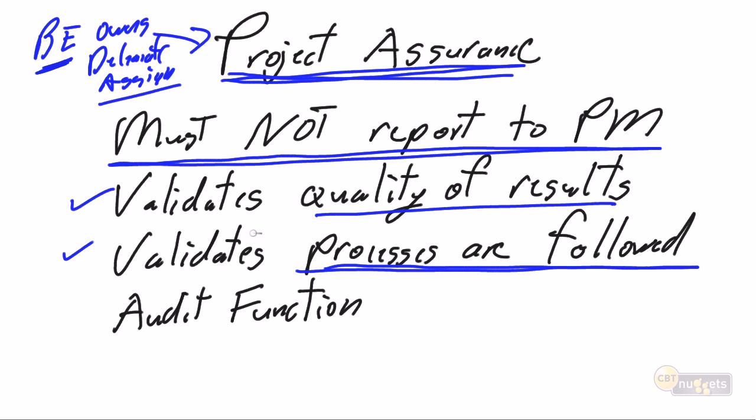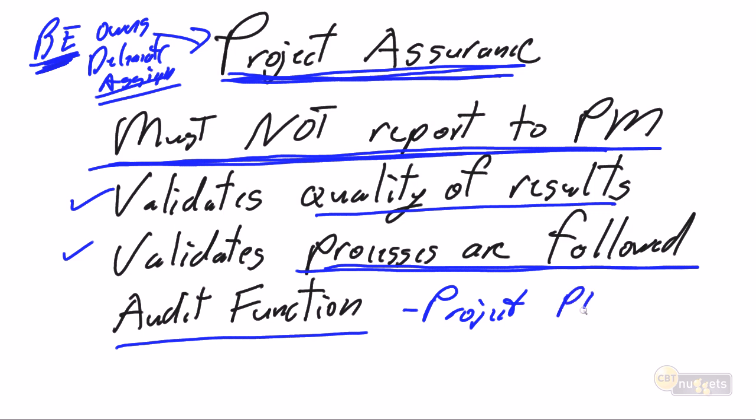The key message I want to talk about here is the roles and responsibilities. Project assurance is owned by the business executive, often delegated, and must not report to the PM, and performs the audit function to ensure that the project, and therefore the PM, is delivering what it is they need to deliver.